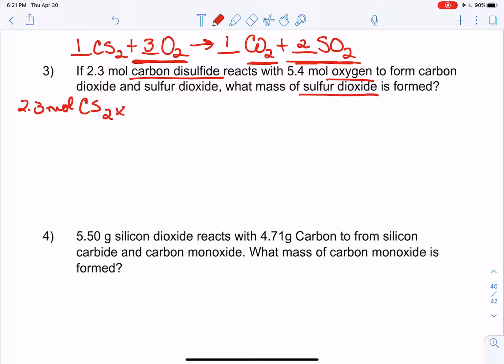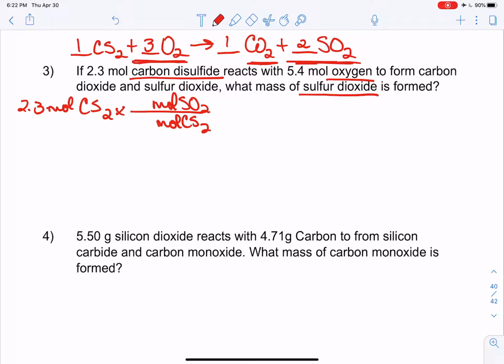And when we're already in moles, we can go right to the mole to mole ratio, which is where we switch from one substance to another substance. And where do we find the numbers that go right next to the mol and the mol in the conversion factor there? Right off the equation.